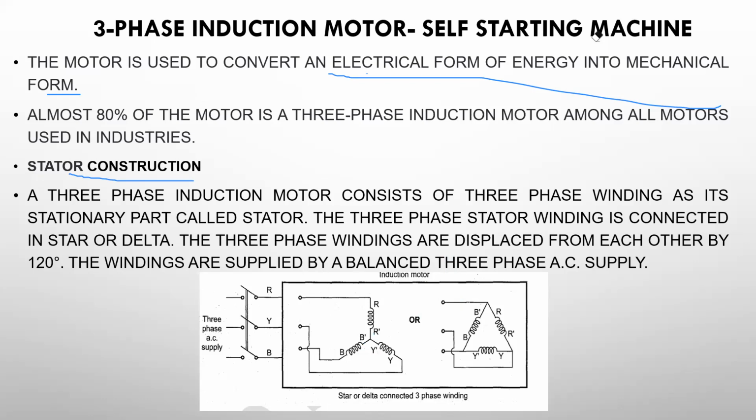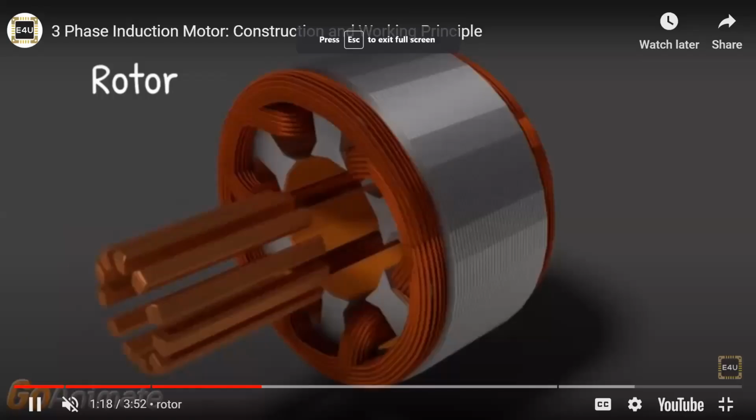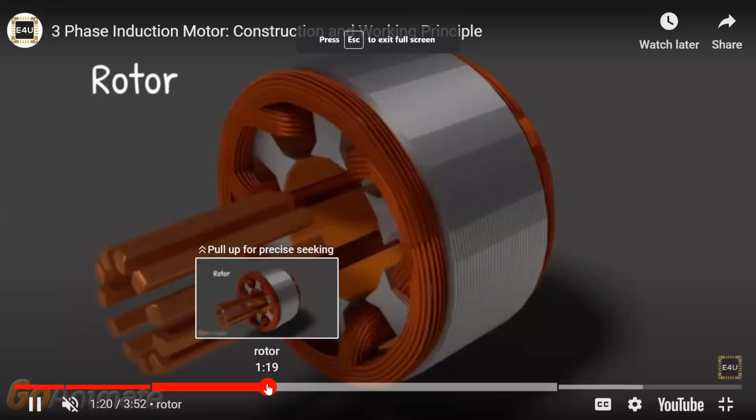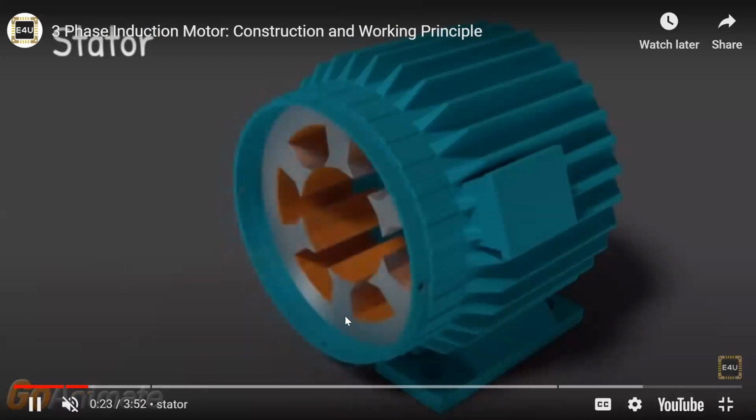We can also see how the stator looks like. I'm sharing one small video. In this we can see how the stator is looking. This is the stator. The outermost part is called the stator.